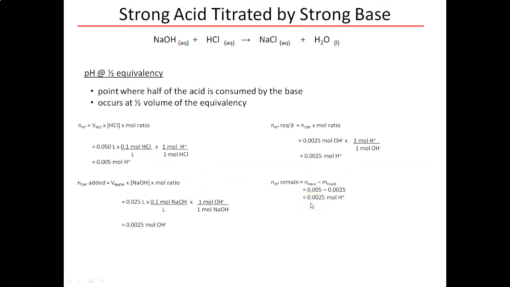Now I'm going to convert this back into a concentration. I now have that amount of moles not in 50 mL, but in the 50 mL of H+ plus the 25 mL of the solution of OH-. So I get my concentration of my proton, and I can get my pH.